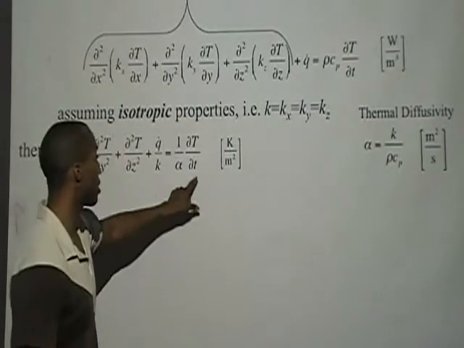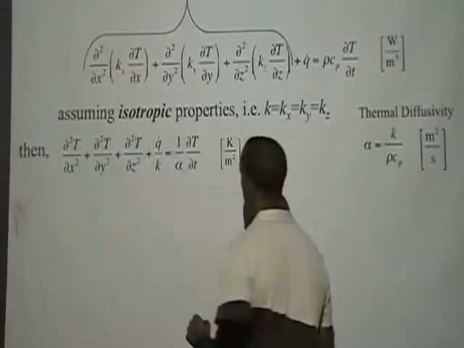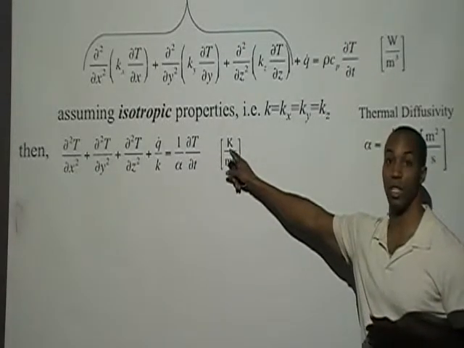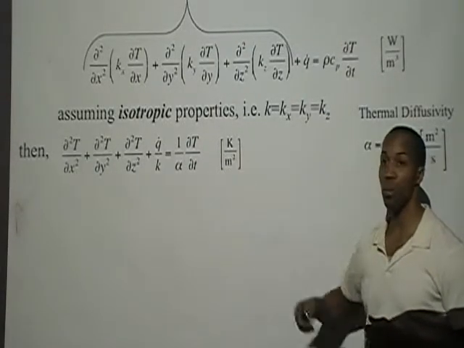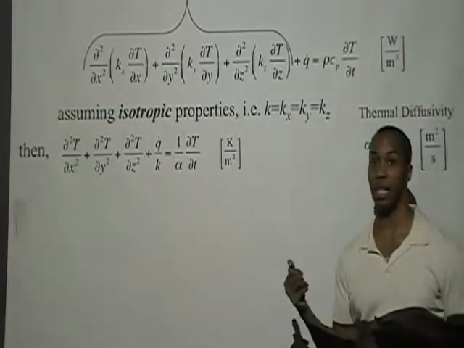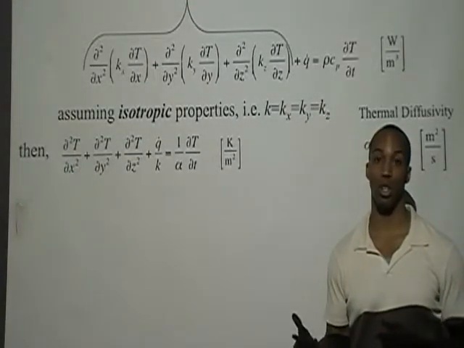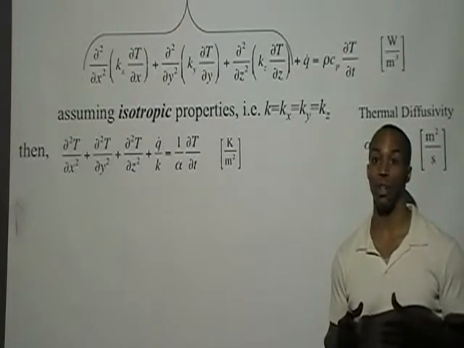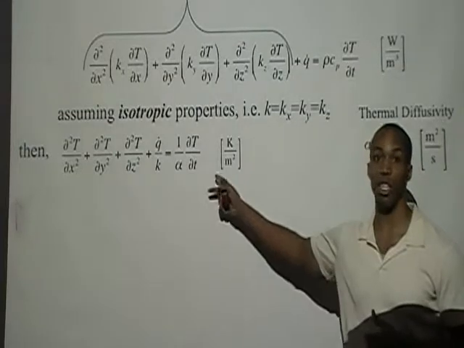And I want to go back to the heat equation that we ended up with and show you the units here are K, so that's temperature, Kelvin, over meter squared. So what we reduced it to was basically an equation that's going to give us temperature over an area. You can look at it like that. So we took an energy equation.